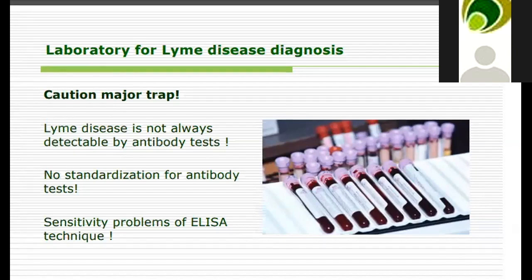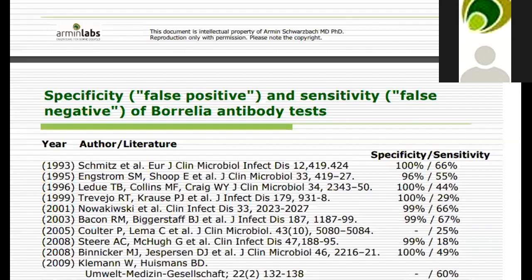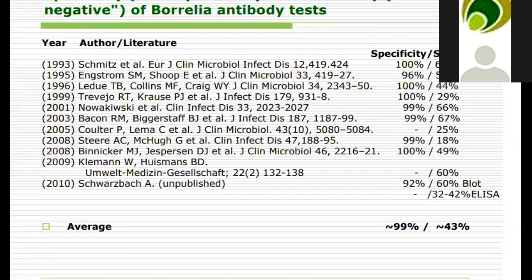And therefore, Tickplex came into that, and it is the first ELISA which is very, very sensitive, also in chronic infections and against these persister forms, which closes the gap now to the undetected antibody situation, IgG, IgM, in chronic persistent Lyme disease. The specificity relates to false positive results, and sensitivity to false negative results.